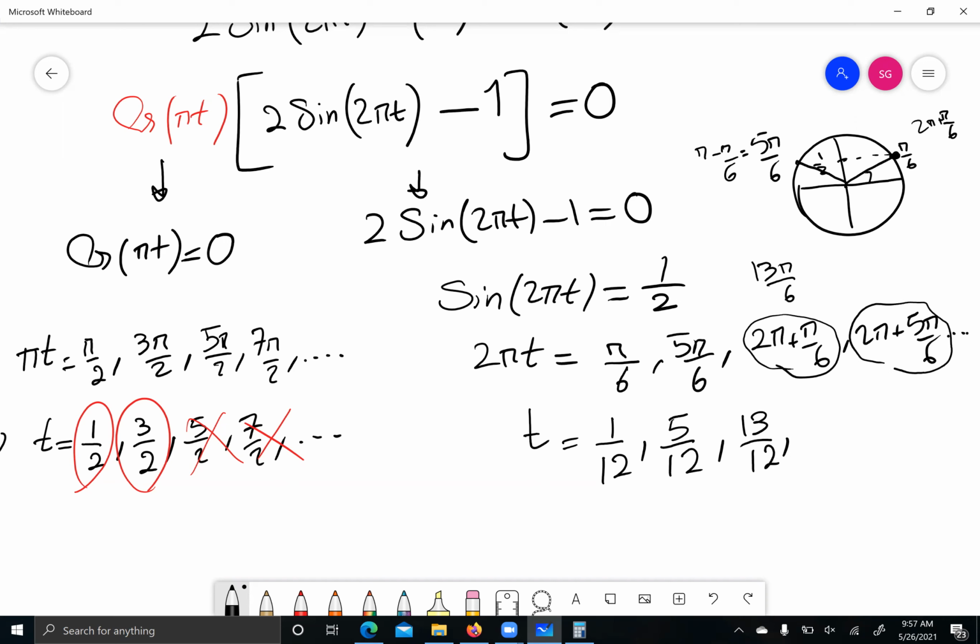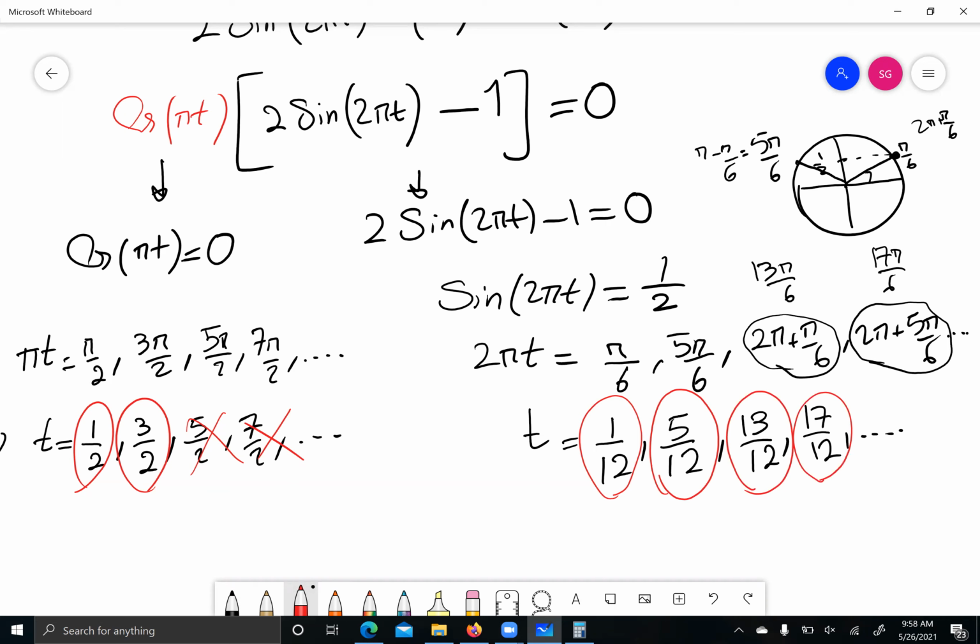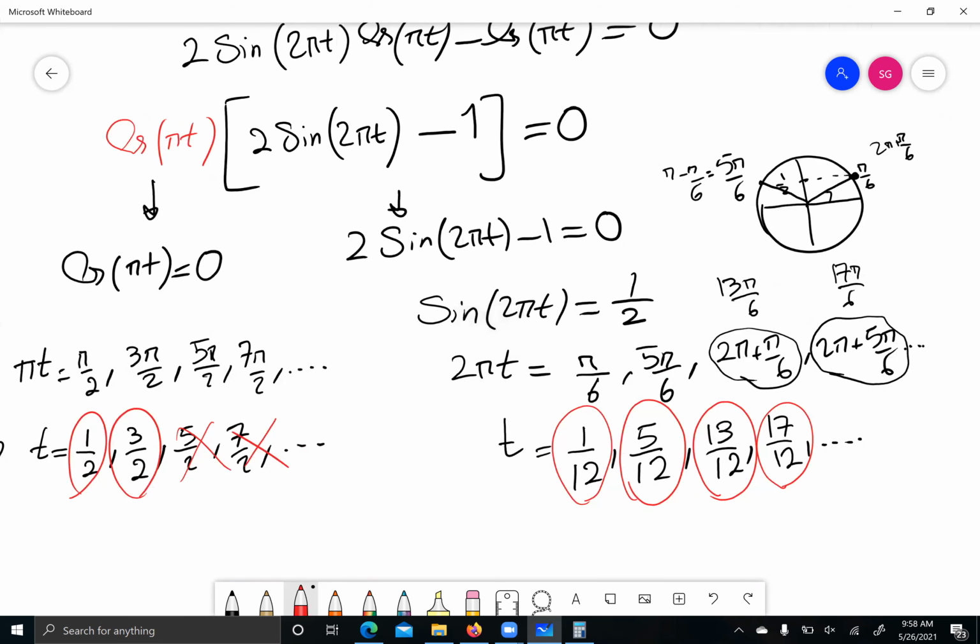This is going to be 12 plus 5, 17 pi over 6, so it's going to be 17 over 12 and so on. And we accept t's between 0 and 2. So this is acceptable, this is acceptable, this is acceptable, this is acceptable. And you can check if you have further solutions.